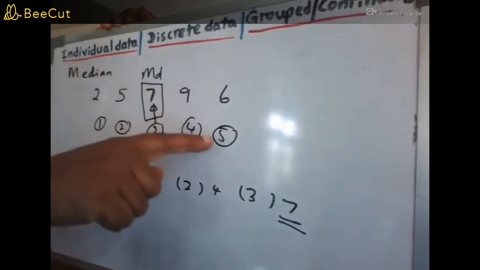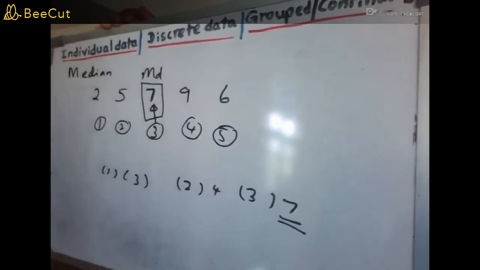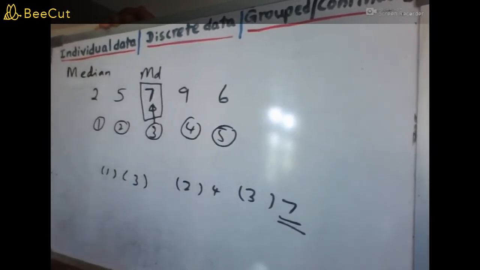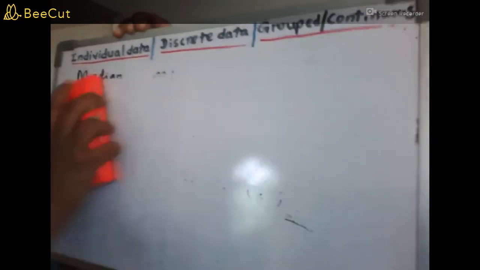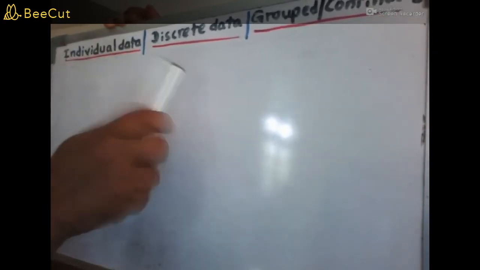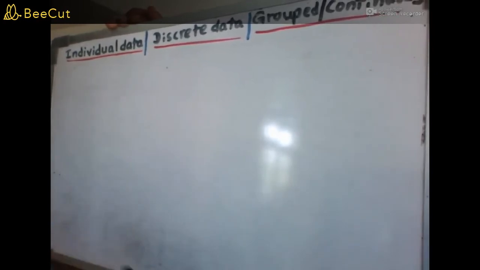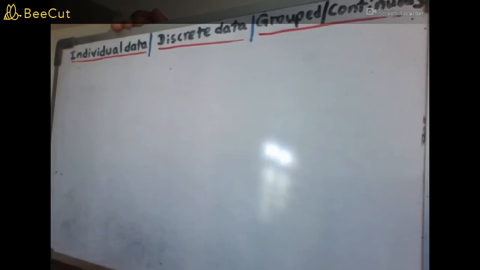We take the highest value as the first place. After arranging, only then do we find the middle place. Now we'll do some problems. The same method goes for individual data and discrete data, no two different ways.